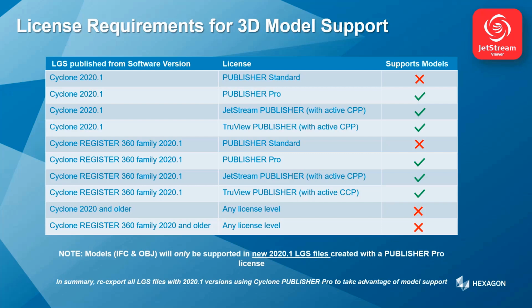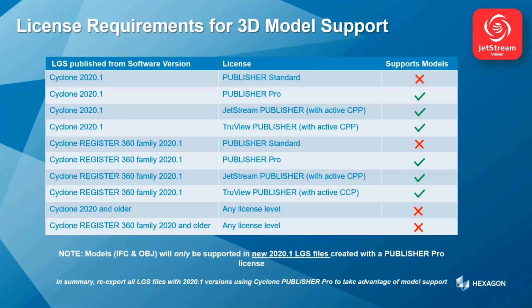That's because we've added a migration article so that anyone on a JetStream Publisher or TrueView Publisher, if you have active CCP, will be able to move to Publisher Pro free of charge, but you have to be under CCP. At the bottom, note, models, IFC and OBJ will only be supported in the new 2020.1 LGS files created with a Publisher Pro license.